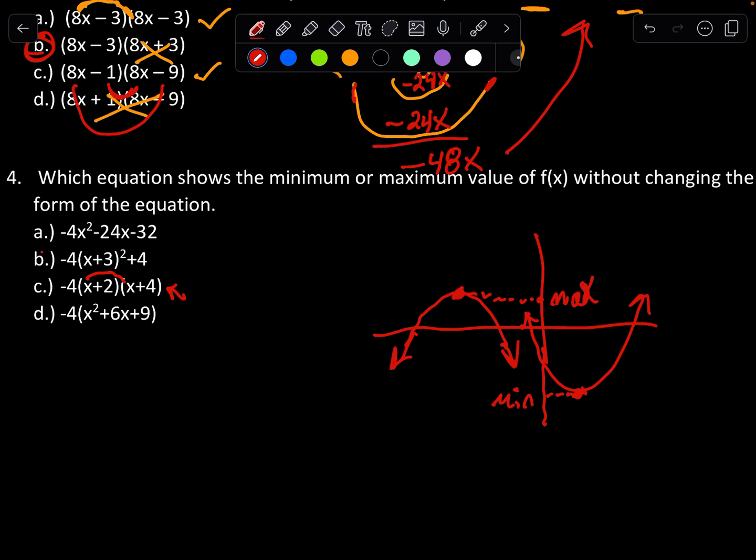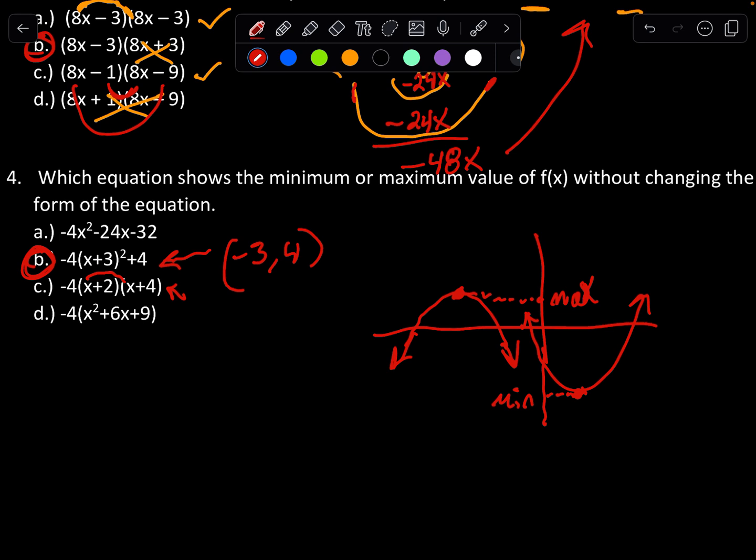And if we look at B right here, and that's our answer, that's in vertex form. We see that the vertex is at negative 3, 4. And so that would also be our maximum for this parabola here, because we see it opens downward because of the negative out front, but it didn't ask us about that.